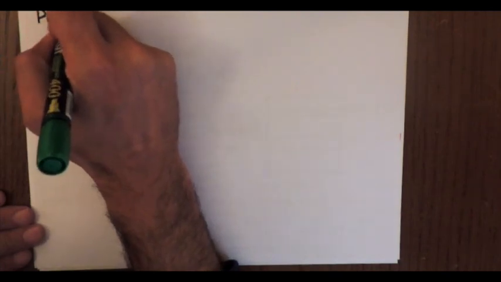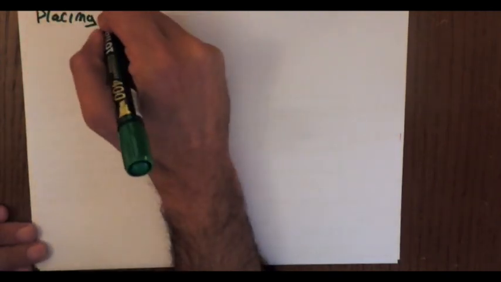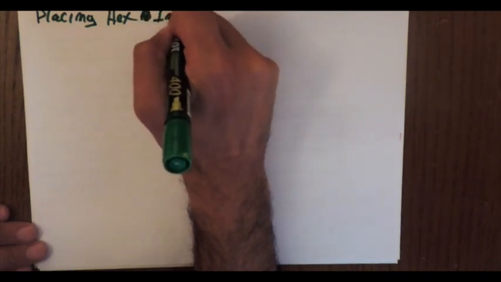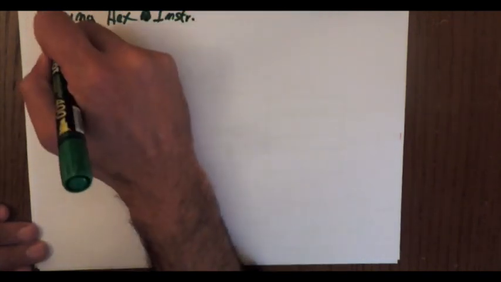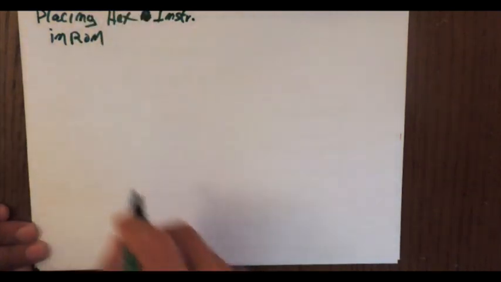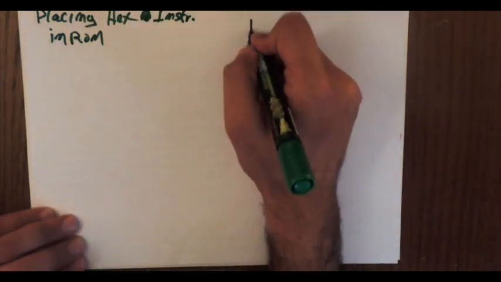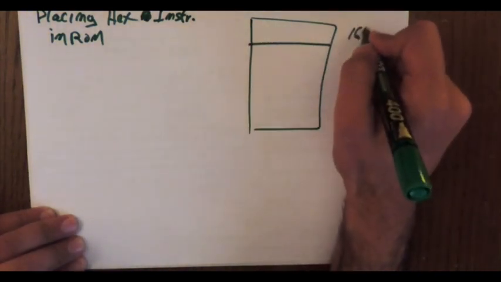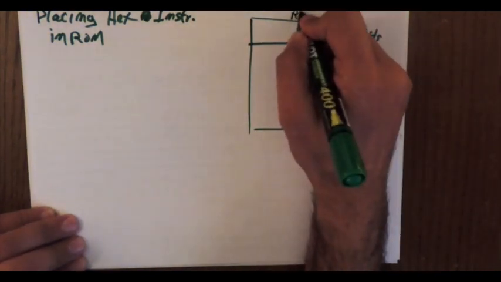So the last topic I want to talk about is placing values inside ROM, placing hex instructions in ROM. So here we have two methodologies. So let's say this is the 16 bits of the ROM.